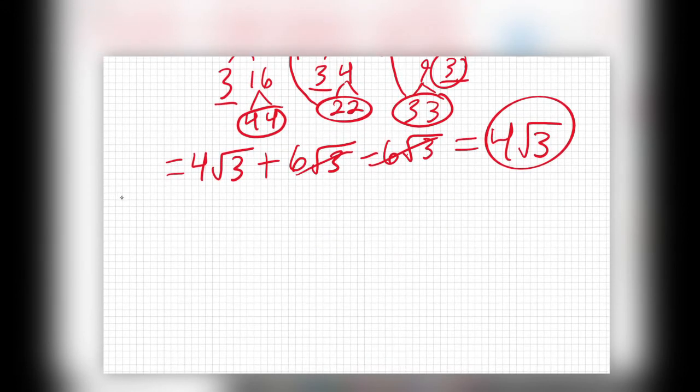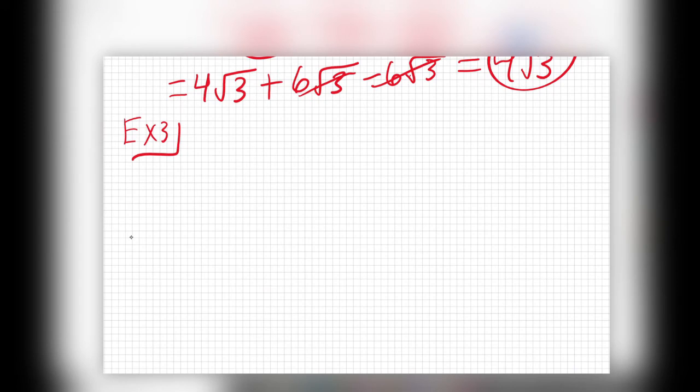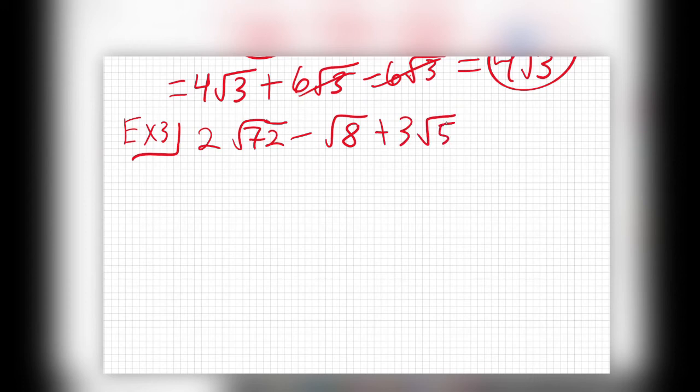All right, so last but not least, example 3. We have 2 times the square root of 72 minus the square root of 8 plus 3 square root of 5 minus 2 times the square root of 75.